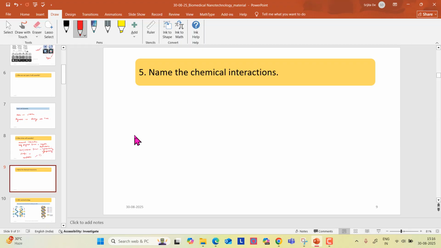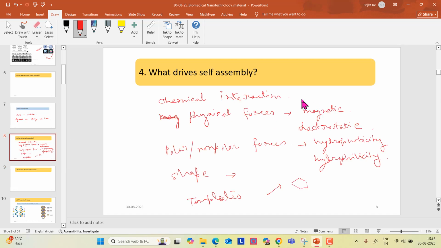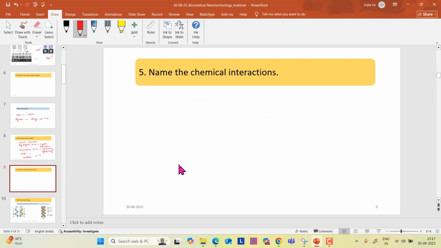Next, name some of the chemical interactions. One of the most important driving forces for self-assembly is the chemical interaction. So what are those chemical interactions? Tell me one or two names. Hydrogen bonding. Yes.